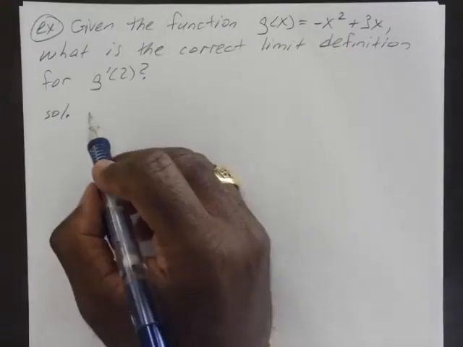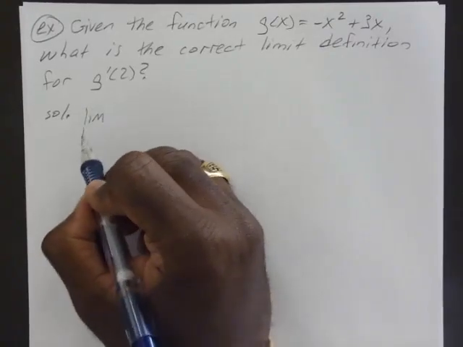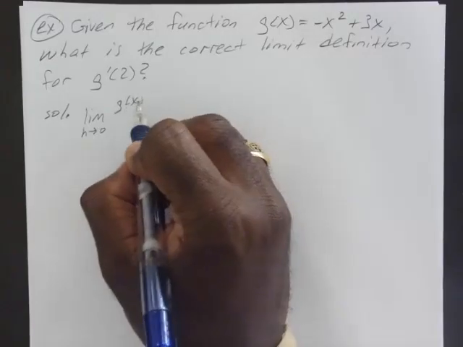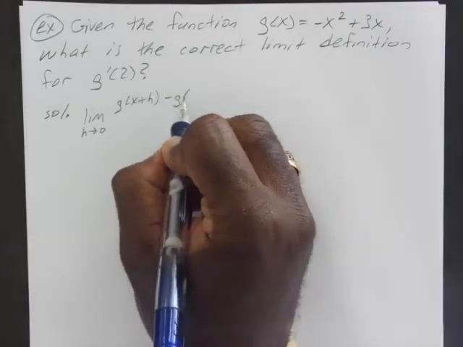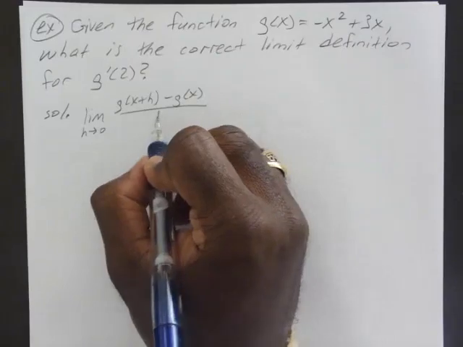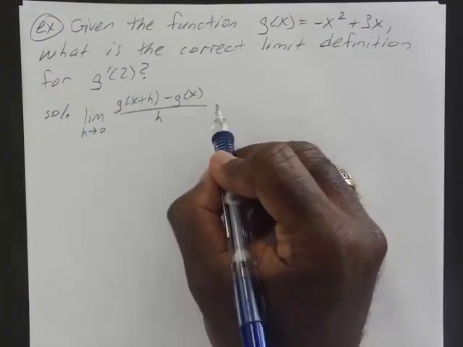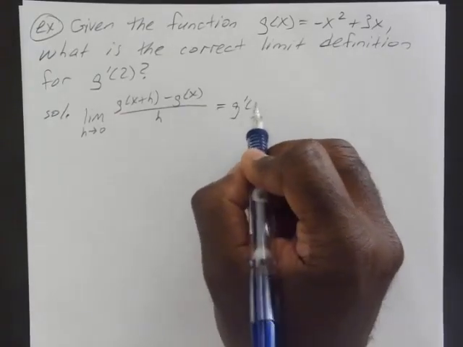Okay, so we know that our limit as h approaches 0 of g of x plus h minus g of x all over h, that's our g prime of x.